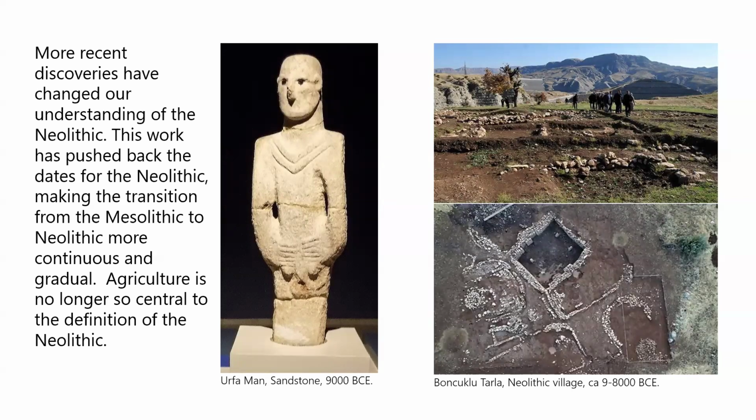So what a lot of these new discoveries are really emphasizing is something that I emphasized at the very beginning of the lecture, or maybe I should have emphasized more: although we have these names for these different periods, this is all about continuity. There is no real boundary between the Mesolithic and the Neolithic, right? One leads right into the other, and there's no boundary between the Upper Paleolithic and the Mesolithic, right?